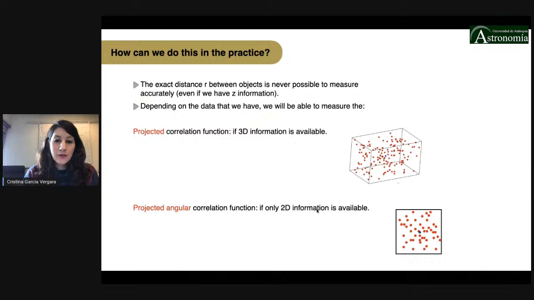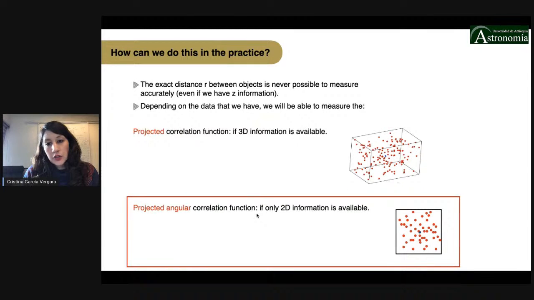But if you only have 2D information available, then you are just seeing the sky and you don't have information about how far the source is. Then you can only measure the projected angular correlation function. Those are the two main, typical correlation functions that you can find in astronomical papers.